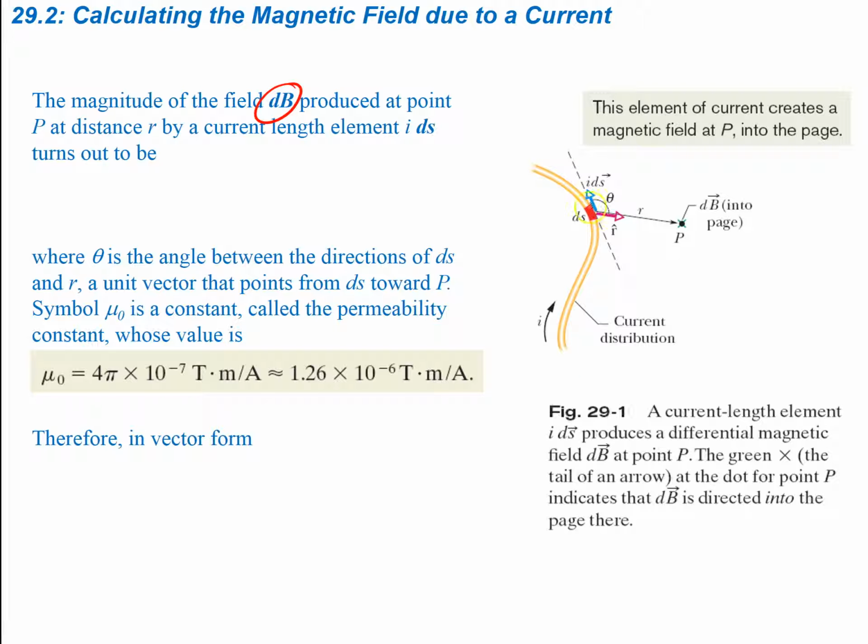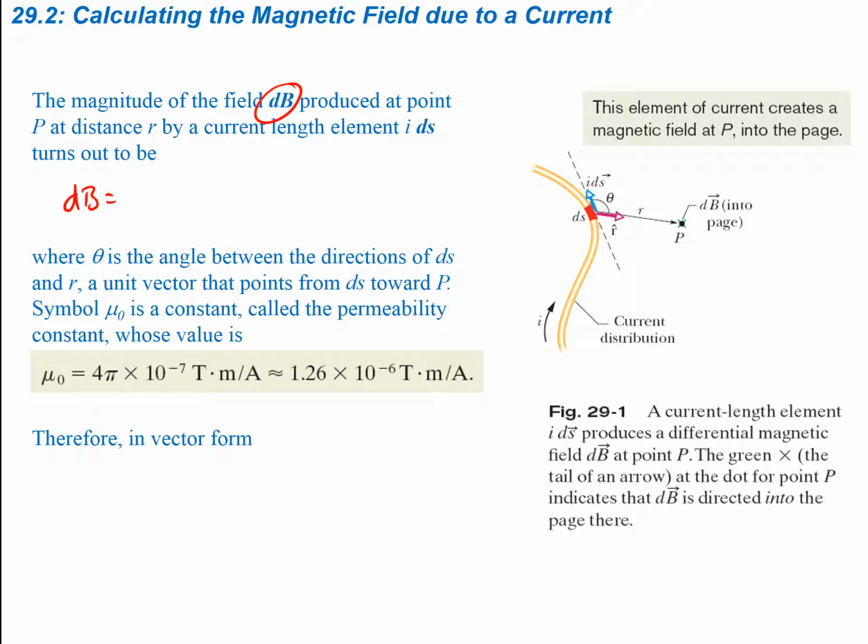We're looking at some small infinitesimal element that we're going to call I ds, where I is the current, times ds, which is the length of the wire that is traveling through. And then we're looking at what the magnetic field produced by this current is at some point P, a distance r away.